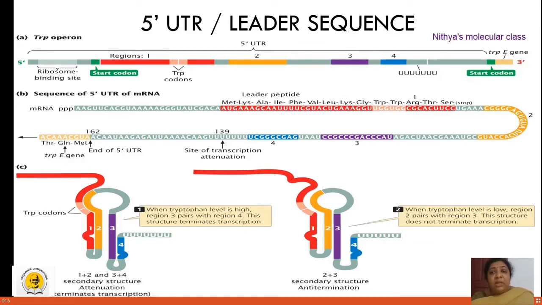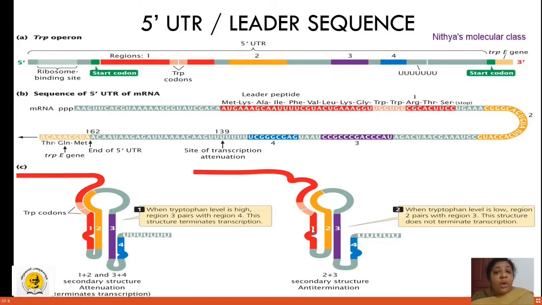But the tryptophan level is already low. So what happens? It will stall there at the tryptophan codon, waiting to get the amino acid tRNA with tryptophan. So in the first region of the mRNA, it will be stalled.